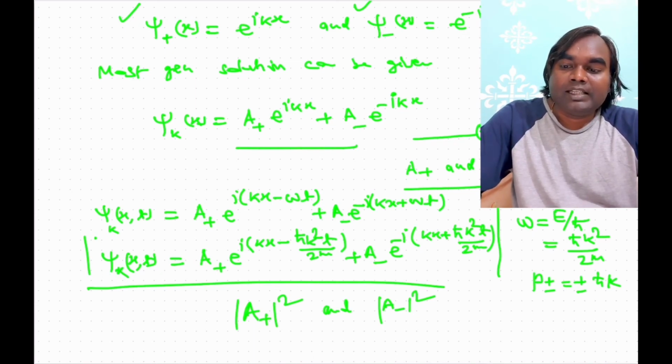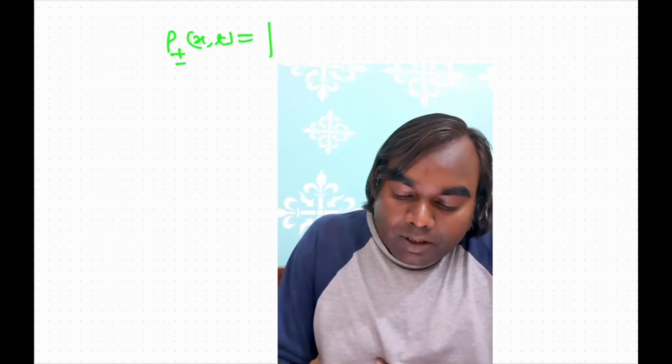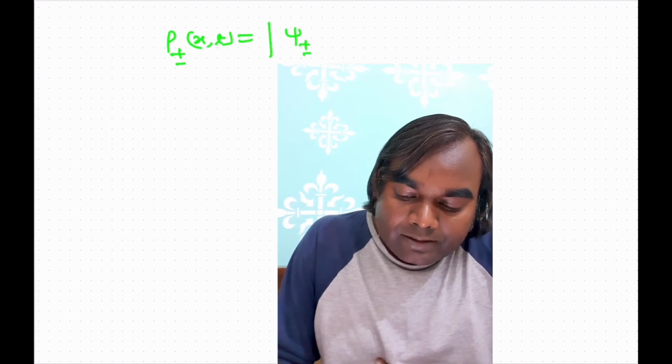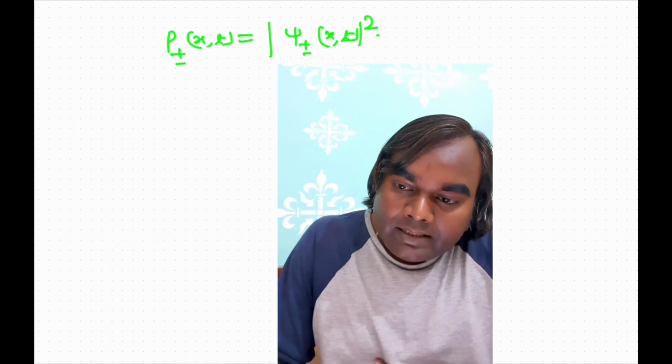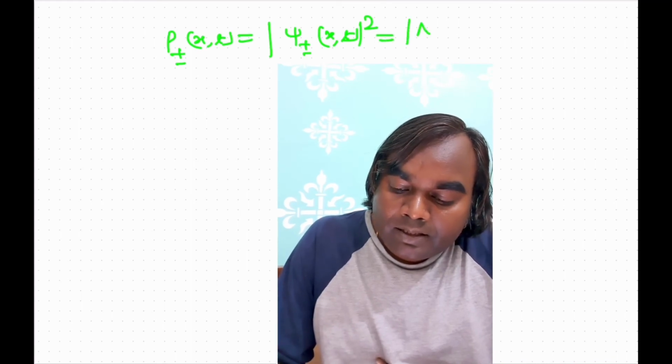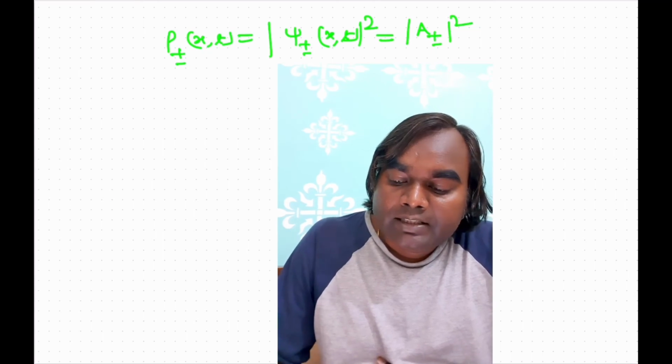The first subtlety is that the probability density corresponding to either solution, P±(x,t), is given by the modulus square of the wave function, and that is nothing but |A±|², and this is constant.